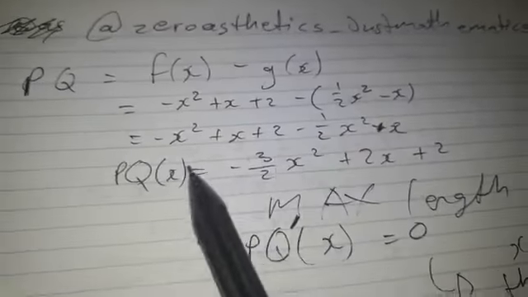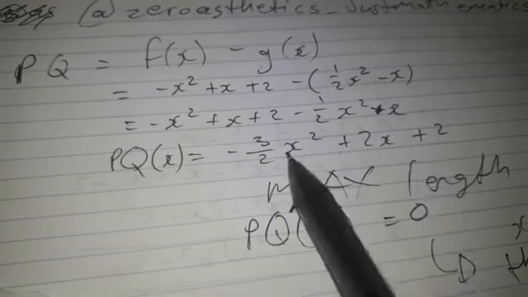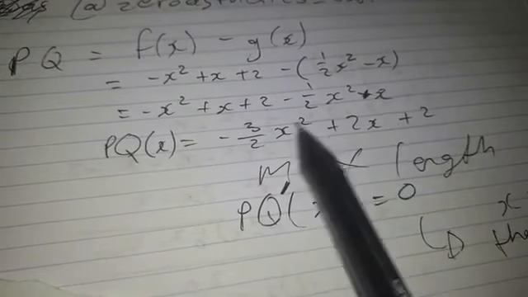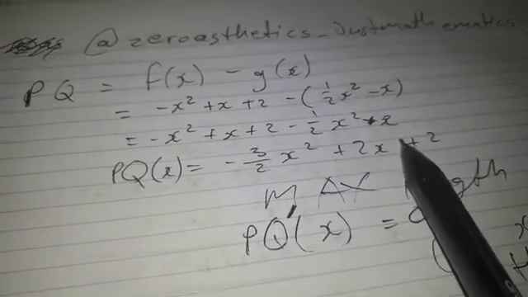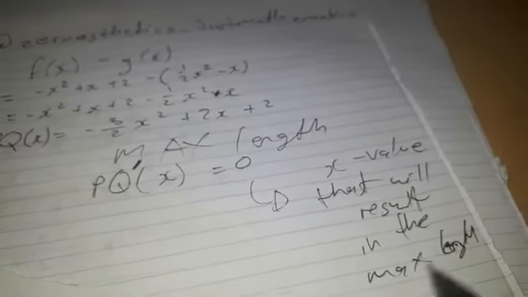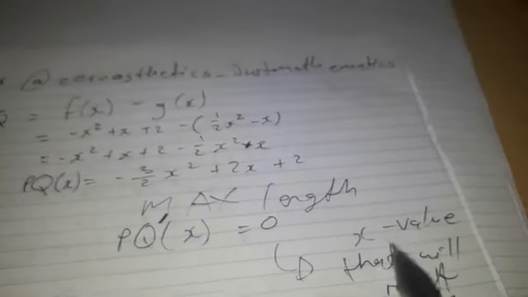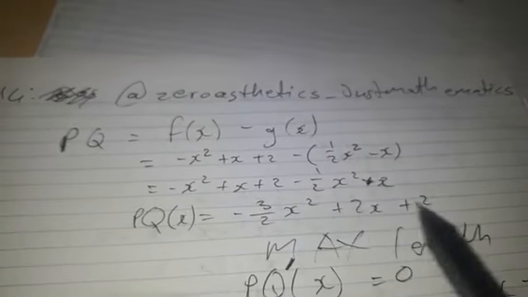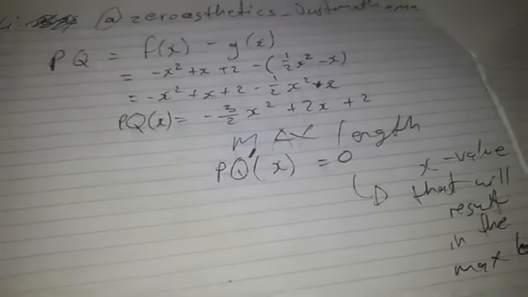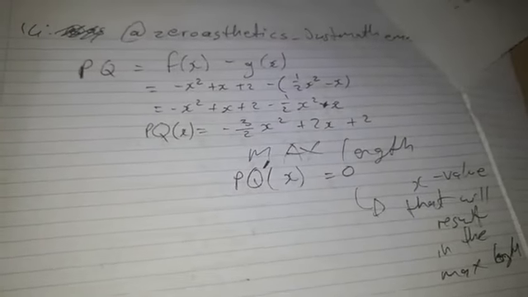This equation gives you length if you give it a specific x value. So if you want the maximum length, you need to get that specific x value by differentiating once and equating to 0. You find that x value. Once you've found that x value, you throw it back in here and you get your maximum length. Getting the max or the minimum of stuff, again, that's also in the applications of calculus playlist.